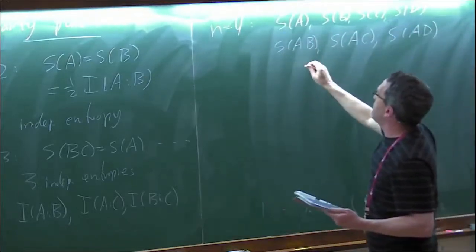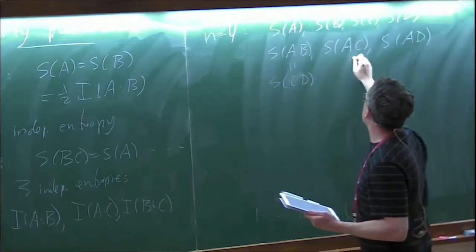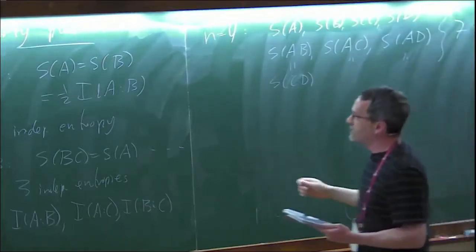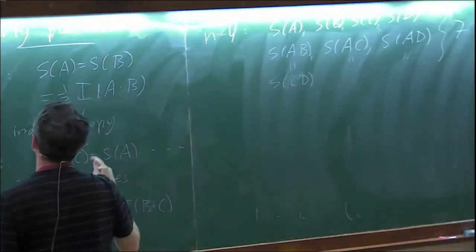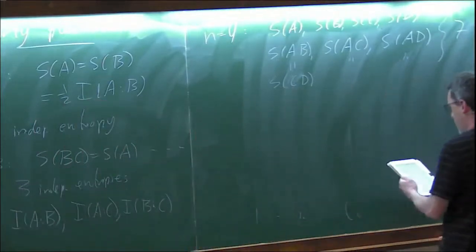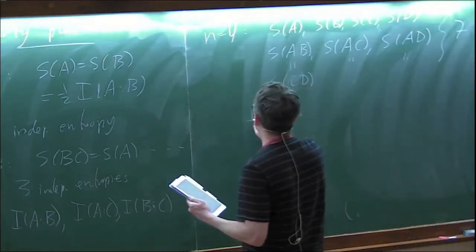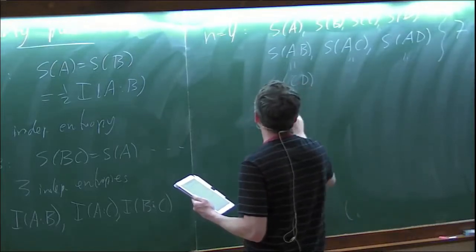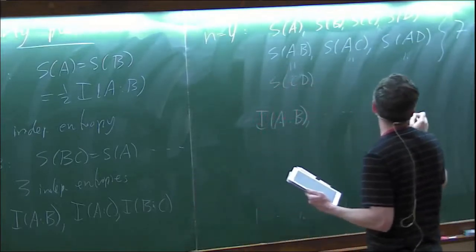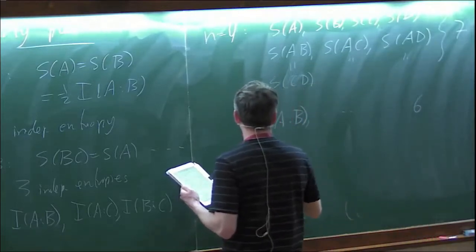But of course, this is equal to S of BC, S of CD, etc. And so the total is 7. It's always 2 to the n minus 1 minus 1, you can show. And a nice set of coordinates is, again, the two-party mutual informations, etc. So there are 6 of these. And then the last thing is minus I3.